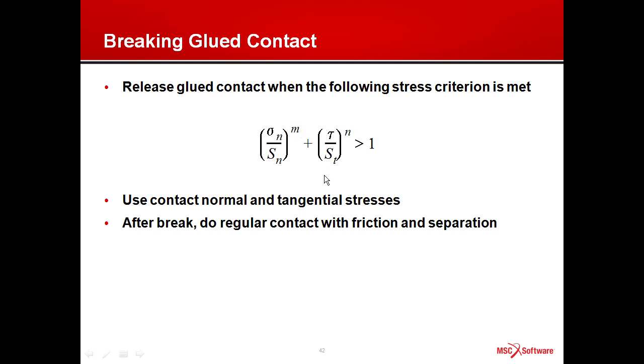For example, if you put in a 1 and a 1, we end up getting a linear interaction between the two terms. You can put in a 2 and a 2, and then you get a circular interaction. When this term reaches 1, we have reached failure, and we'll start to release the glue contact. We'll start to unbutton the glue contact for you.